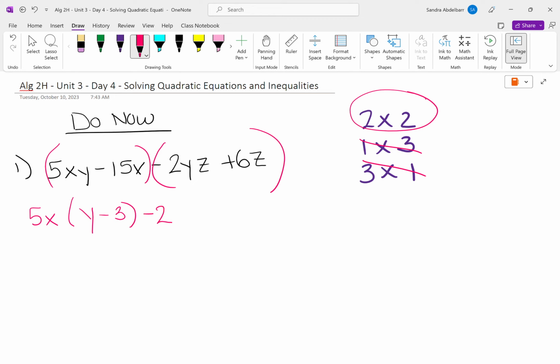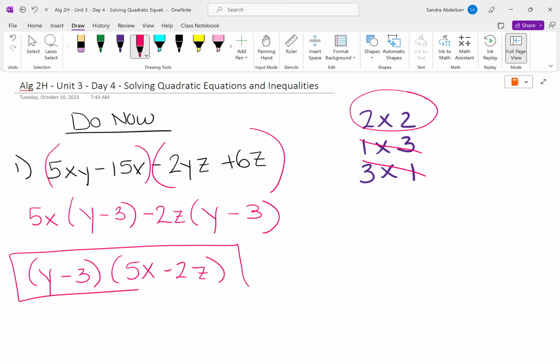So she pulled out a negative 2z, and she's left with a positive y and a negative 3. In our parentheses, is it the same thing? Yes. Can I pull out a GCF of y minus 3? Absolutely. So now I'm going to pull out a GCF of y minus 3, and we are left with 5x minus 2z. And that is our factored form.